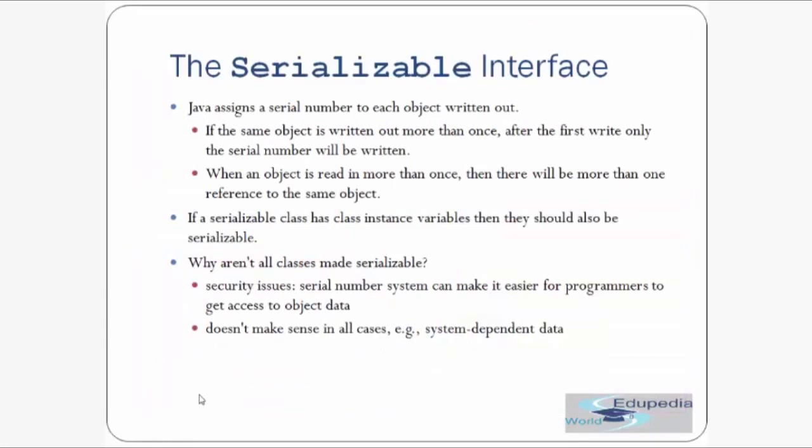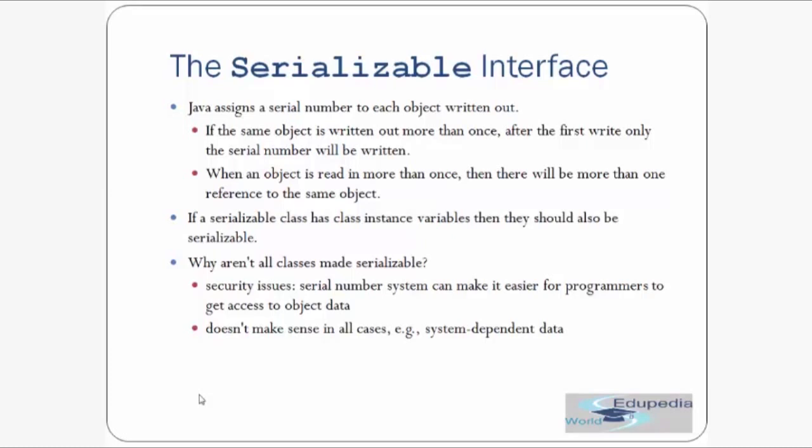Now let's see how the serializable interface impacts read and write operations. Well, Java assigns a serial number to each object written out. If the same object is written out more than once, after the first write, only the serial number will be written. When an object is read in more than once, then there will be more than one reference to the same object.